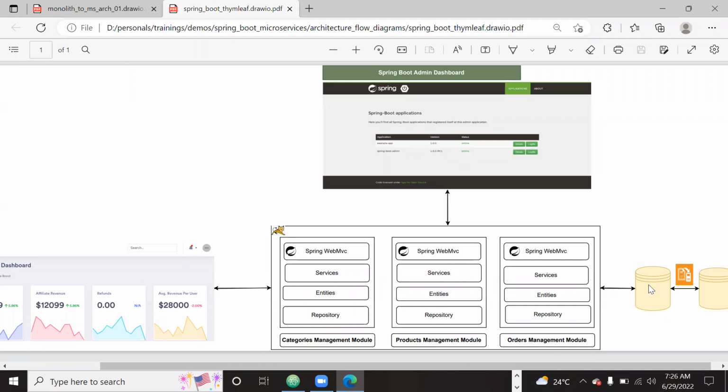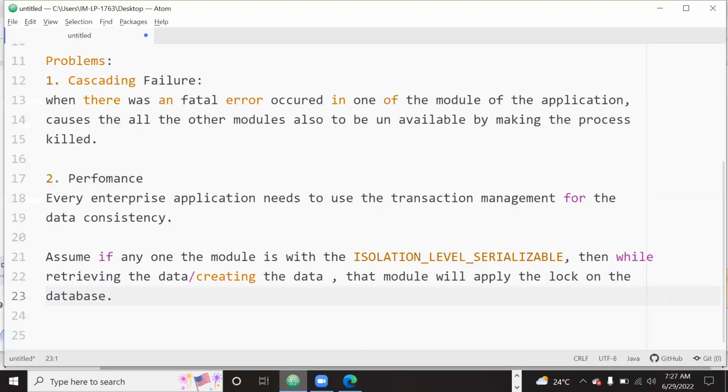As a result, what will happen? At the same time, if the products module or the categories module talks to the database to get the data or to create the data, these will be in the waiting state. That means when customers click on the product management, the page will keep spinning, but the products dashboard won't come until the orders management completes its job. So these are the possibilities that we have.